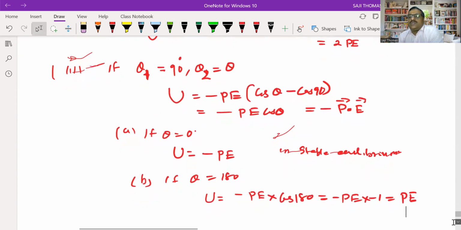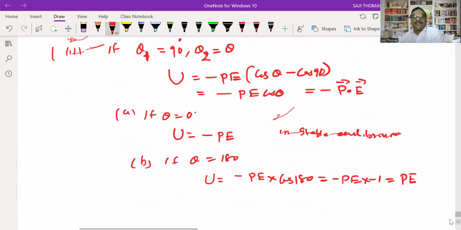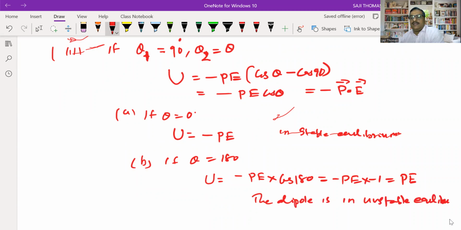Now the dipole is said to be in unstable equilibrium. So when the dipole is placed parallel to the electric field, potential energy in it will be minimum. It has minus P E. The dipole will be in stable equilibrium. If dipole is placed 180 degree with the electric field, it will be in unstable equilibrium.